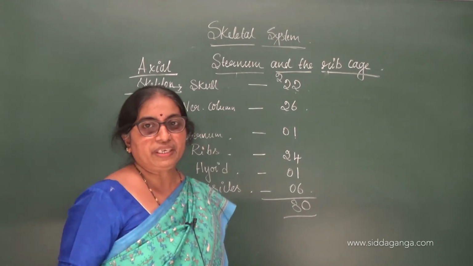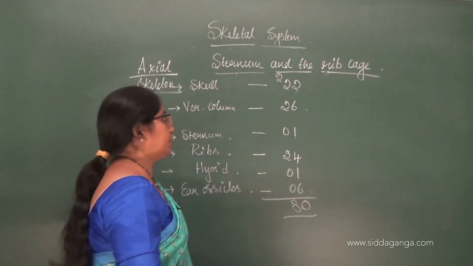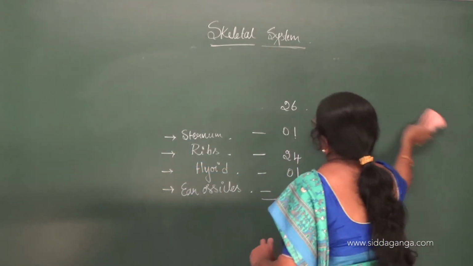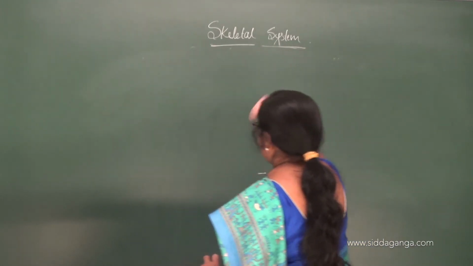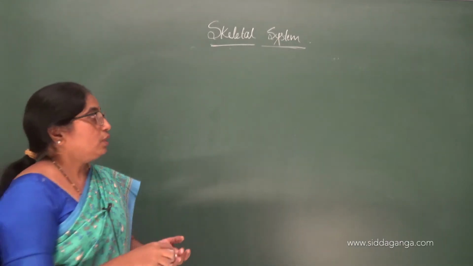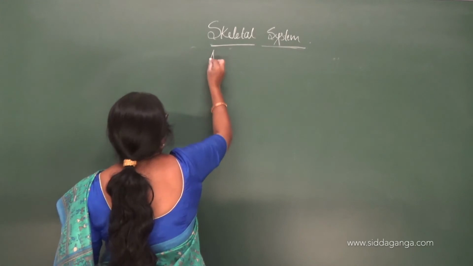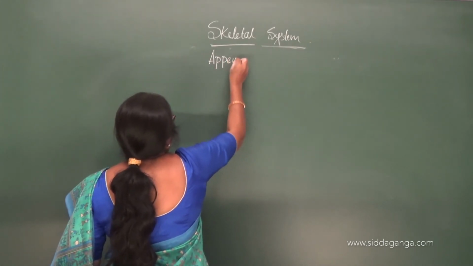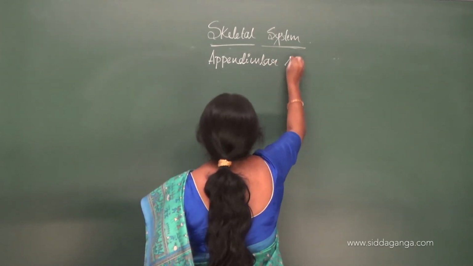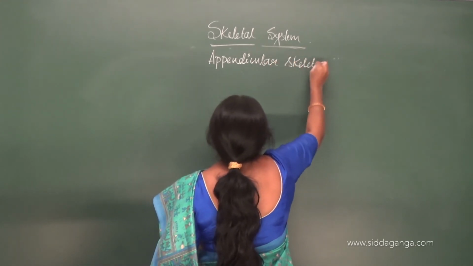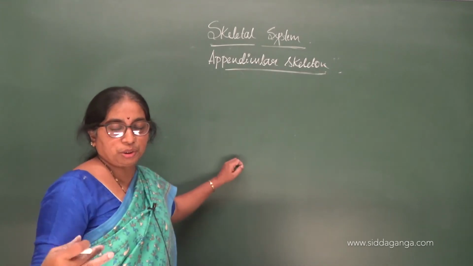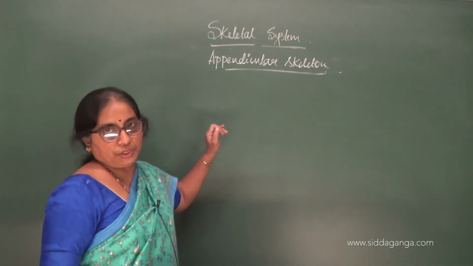So next, coming to the appendicular skeleton. In the appendicular skeleton, we have the appendages which are attached to the main axis of the body, that is the limbs.